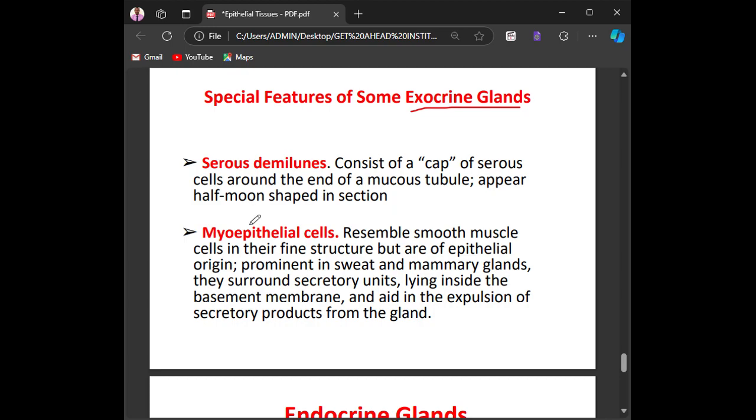Myo, from the word muscle, these resemble smooth muscle cells in their fine structure but are of epithelial origin. These are very prominent in sweat and mammary glands, as they surround secretory units lying inside the basement membrane, and they aid in the expulsion of secretory products from the gland.